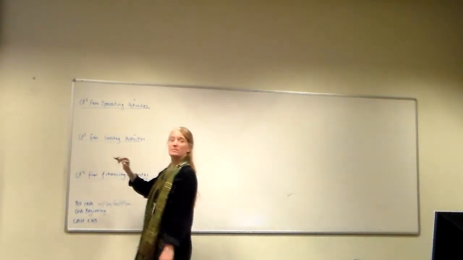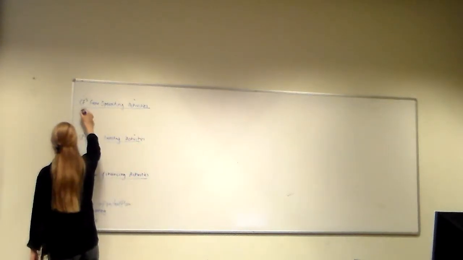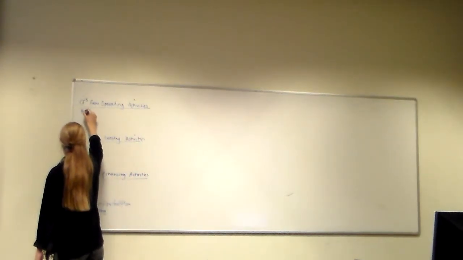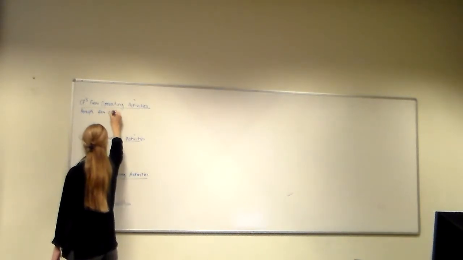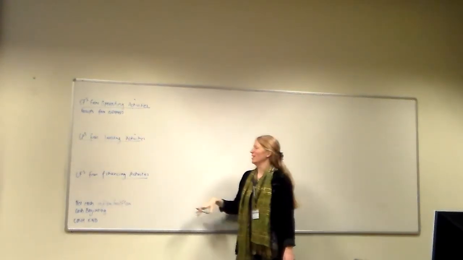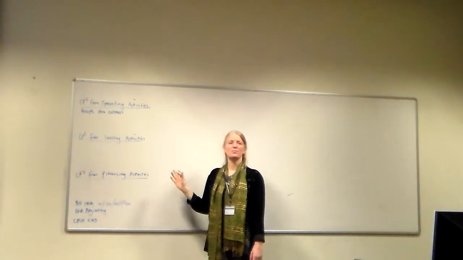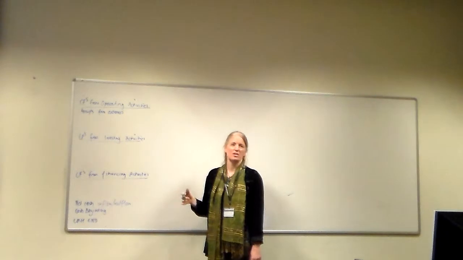Okay, so proceeds from sales, receipts from customers. From shares, yeah, you can put in proceeds from share issue. The only thing is you don't know if you're going to have one or not. But if you want to do that, go proceeds from share issue.